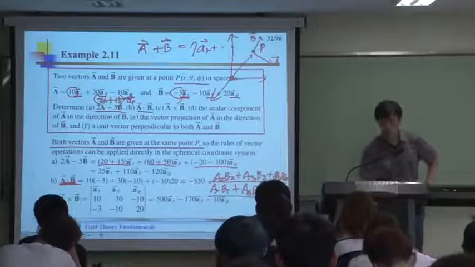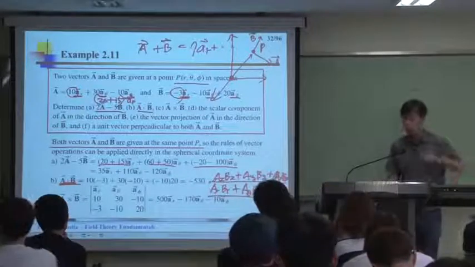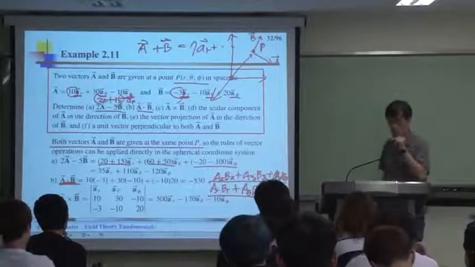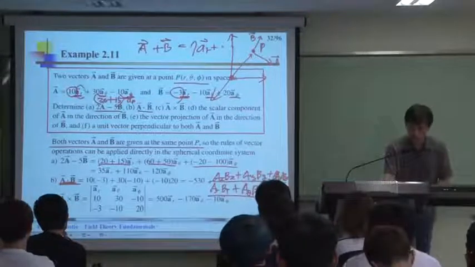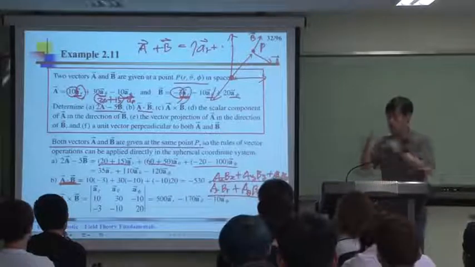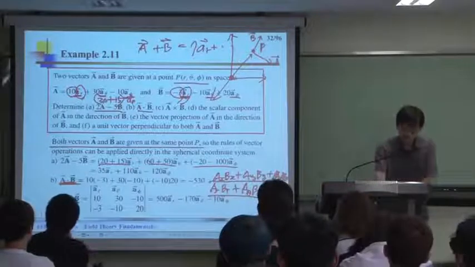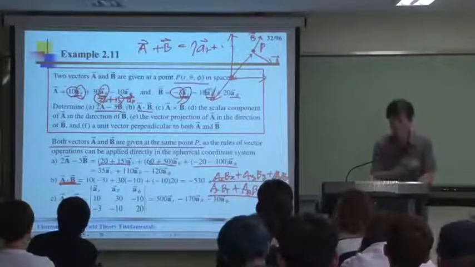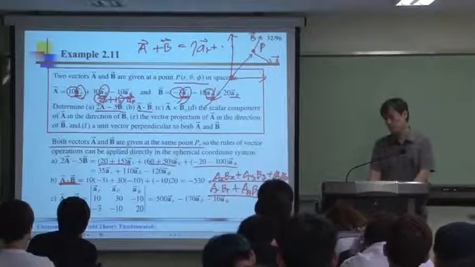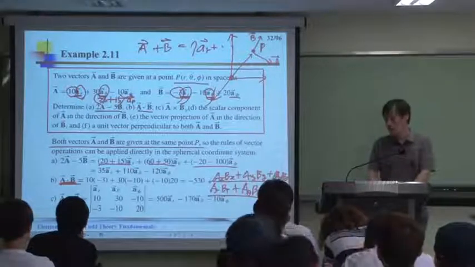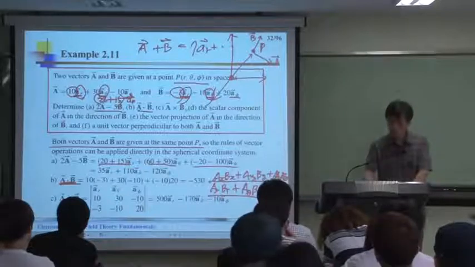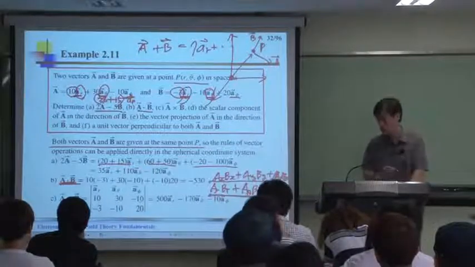Why? Because this ar is the same vector, and this theta vector, the same, and they are orthogonal to each other. So that's why you can do it in this way.